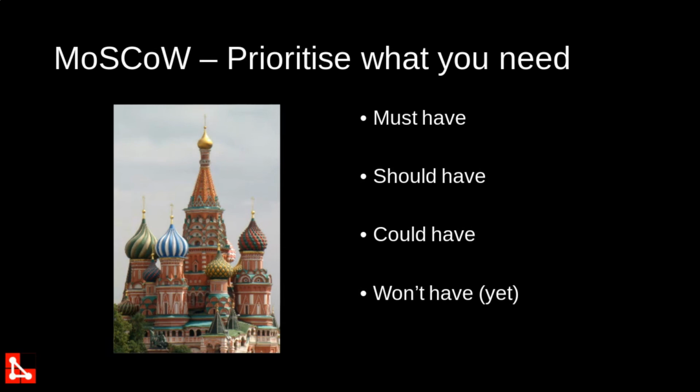And then you can say, hey, this is actually turning out a lot more difficult than I thought. We're going to keep working on this and we drop some of the could-haves out because they're lower value and we want to retain the same budget. So it's always good to have a mix of the must-haves, should-haves, and could-haves. It's only the won't-haves that you're just not doing yet. Does that make sense?